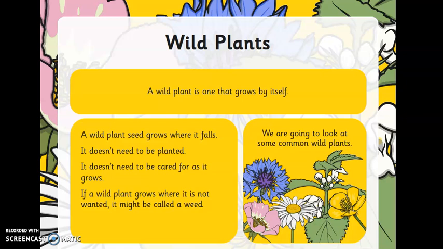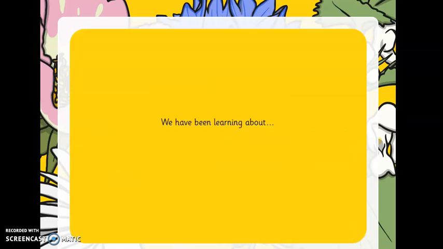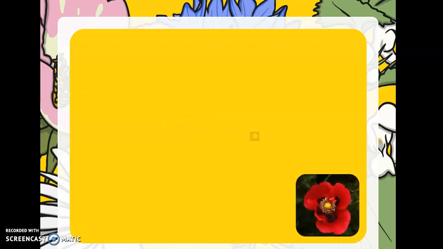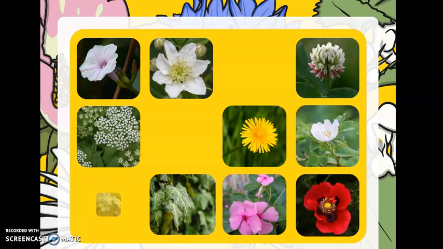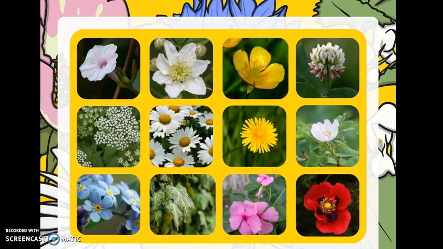So let's have a look at some wild plants. Do you recognise any of these? I know I do, but not all of them.